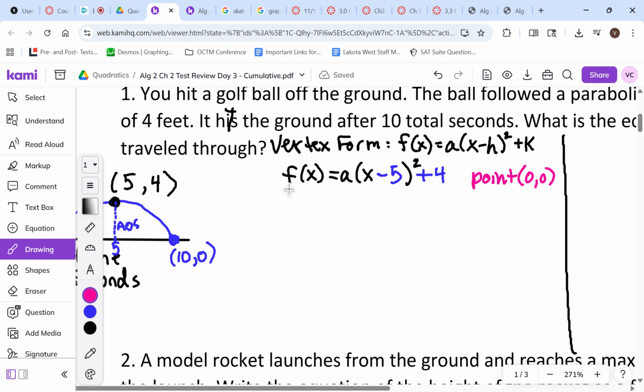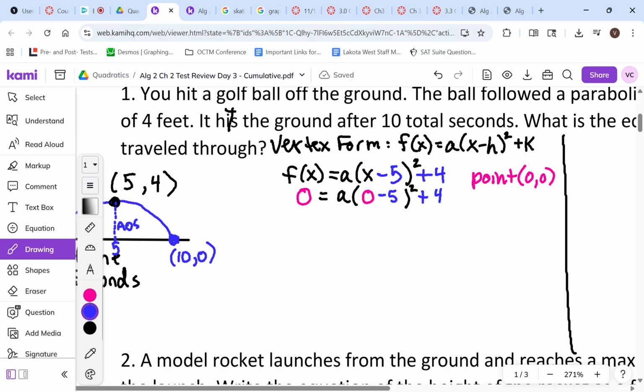And x and y are both 0, so I will put in the y spot 0 and in the x spot 0. Everything that is black was from the original equation, and then minus 5 plus 4, that's our vertex. And so 0, 0 is the new point.